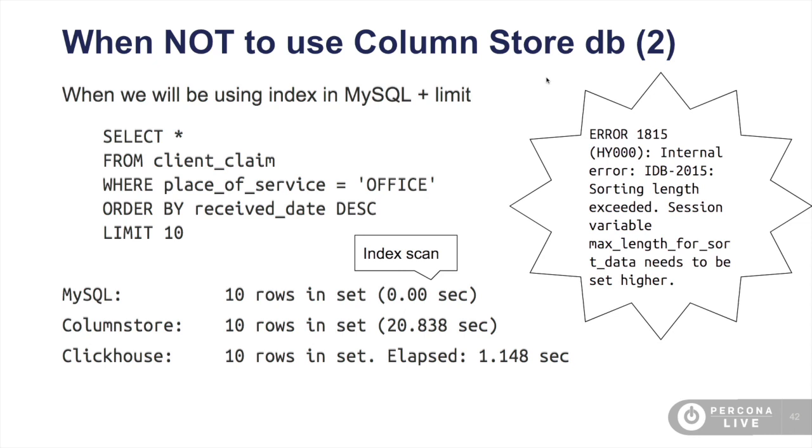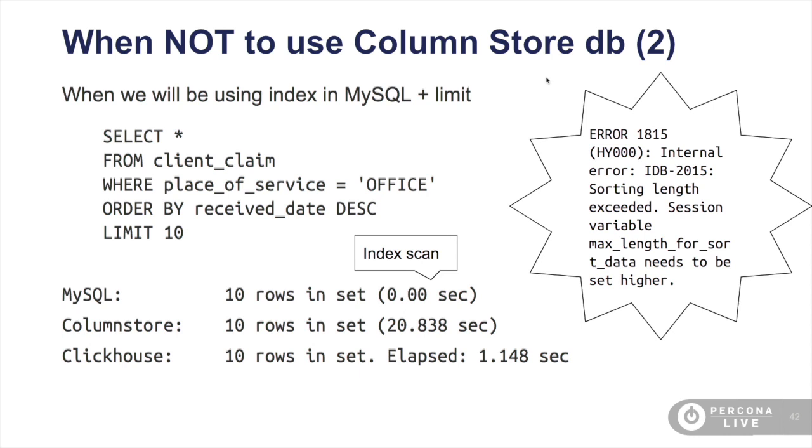In ColumnStore and ClickHouse, it is actually a much more complicated operation. It will have to scan a lot of rows. Also, in ColumnStore, we'll need to change this variable, max length for sort data.